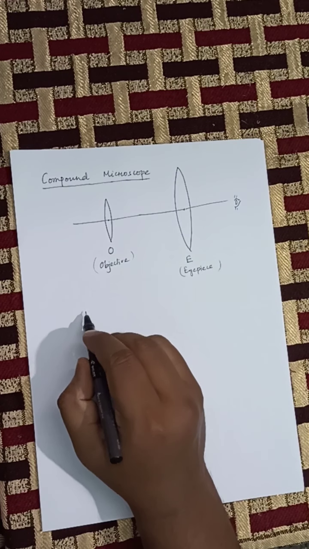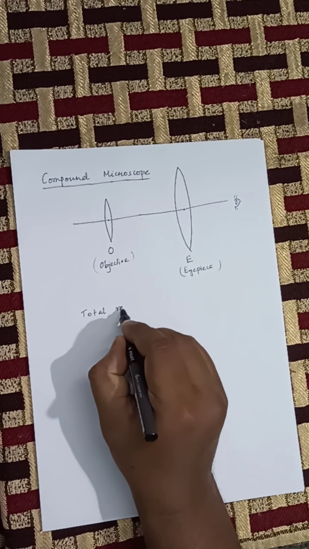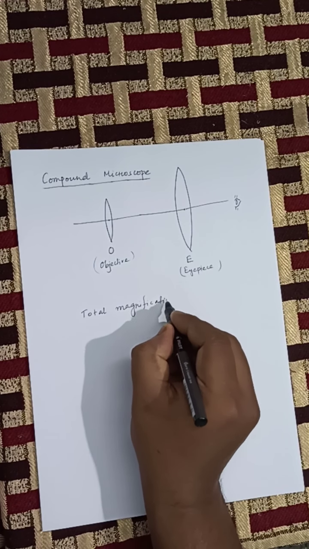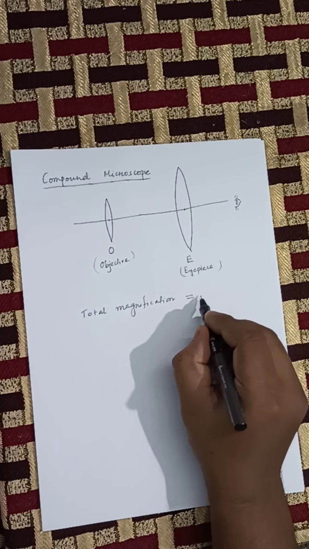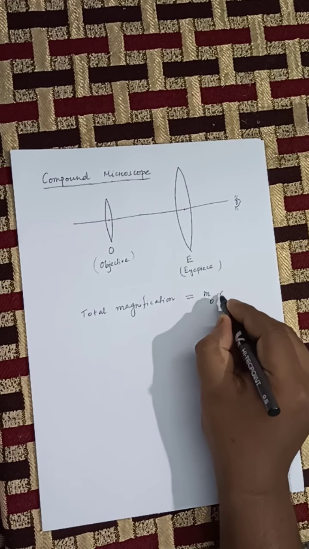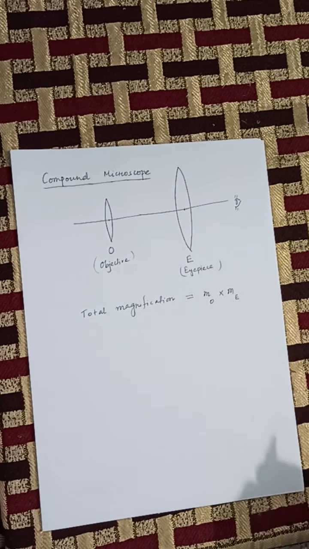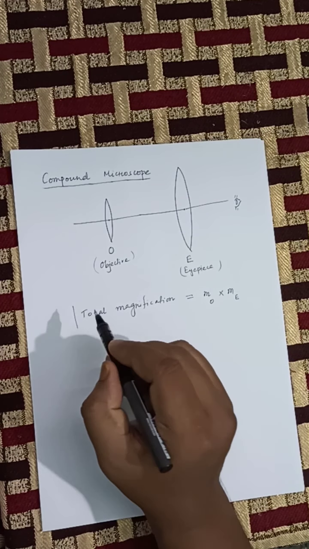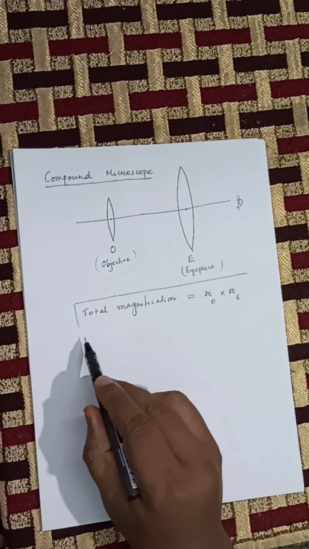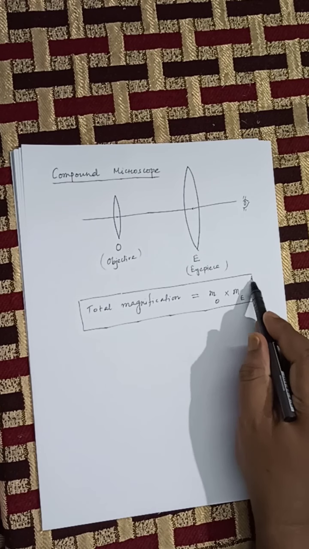Okay, so here we'll get total magnification, which will be the magnification due to the objective lens and the magnification due to the eyepiece lens. Okay, so we'll get total magnification due to both the lenses.